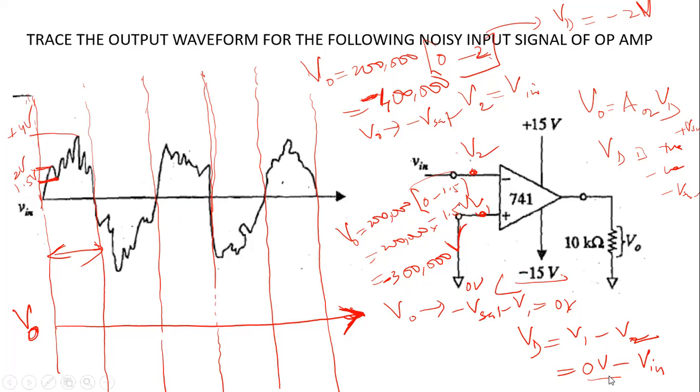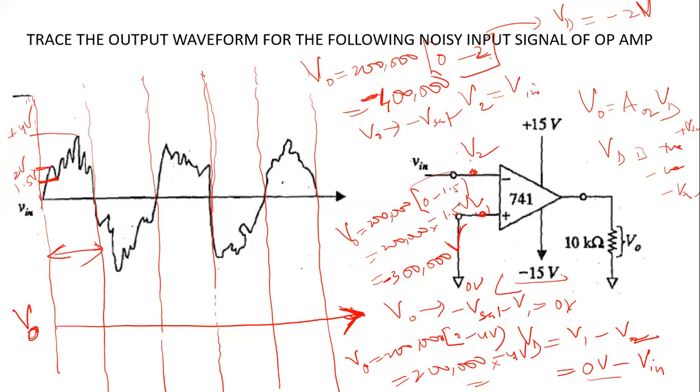And if you look at this peak also, this is plus 4 volt. So your output voltage will be 200,000 into 0 minus plus 4 volt. So your difference voltage is again minus 4 volt.